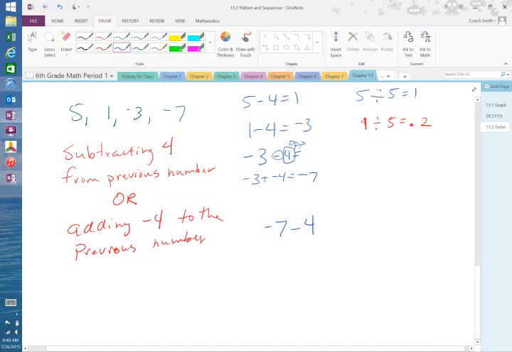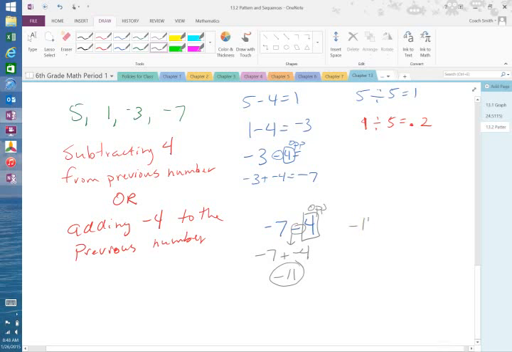Change our subtraction to addition. Do the opposite of 4 behind it, which is negative 4. What is negative 7 plus negative 4? Negative 11. So there's your first one.